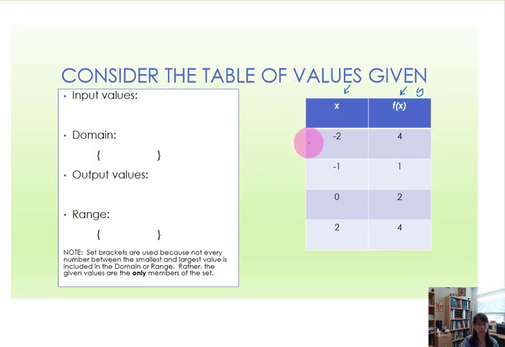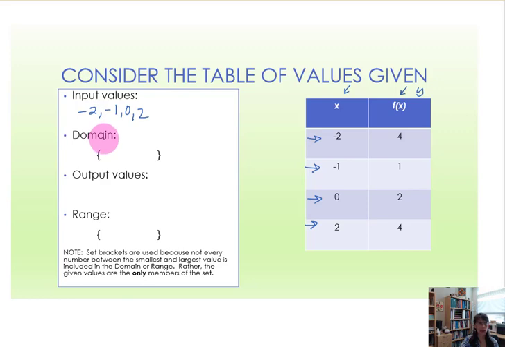Looking at the table, we have -2, -1, 0, and 2. I'll separate those all with a comma. So that's how you would list the input values.